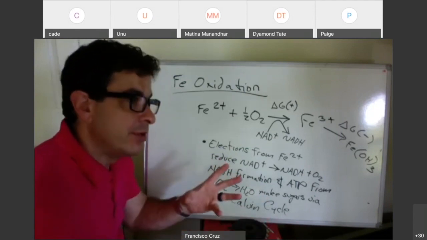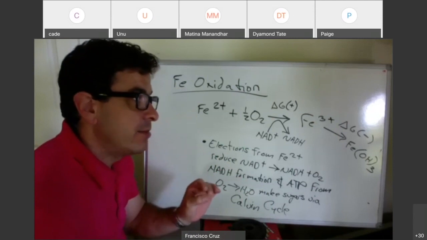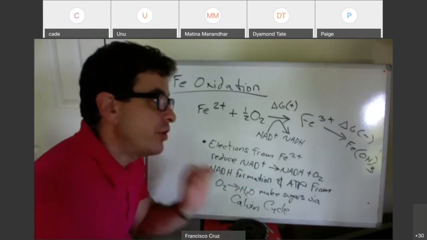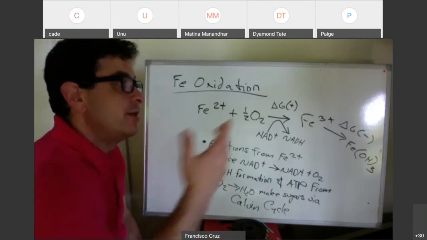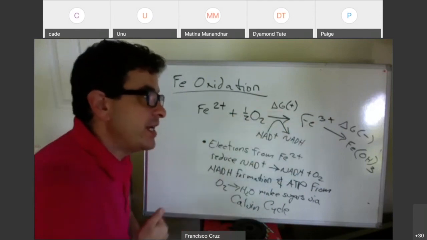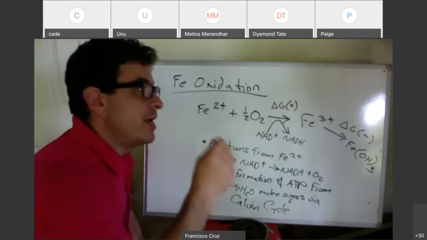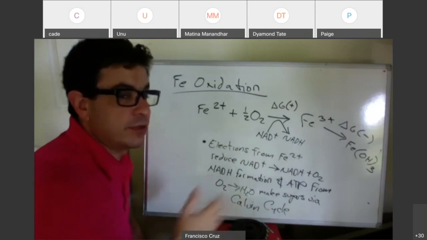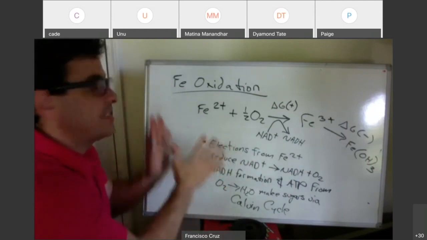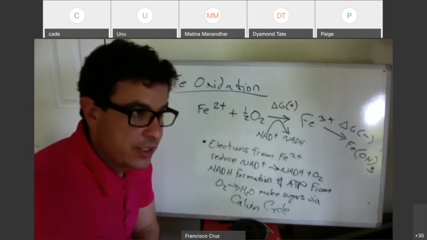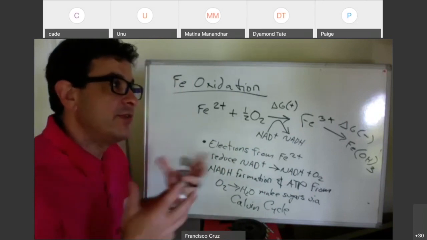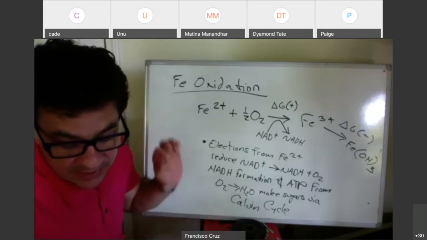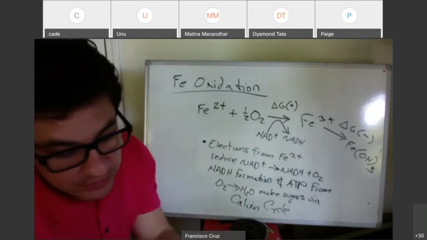Here's an example of oxidizing a molecule. Instead of receiving that from the sunlight, we're using the energy from an electron donor. That energy is used to make ATP and NADH. When we can couple NADH and ATP with CO2, then we make sugars. That's the fascinating thing about iron oxidation, that we have a way to fix CO2 in the absence of sunlight. It's a good example. There are many examples. It's the example I'm going to hang on to.